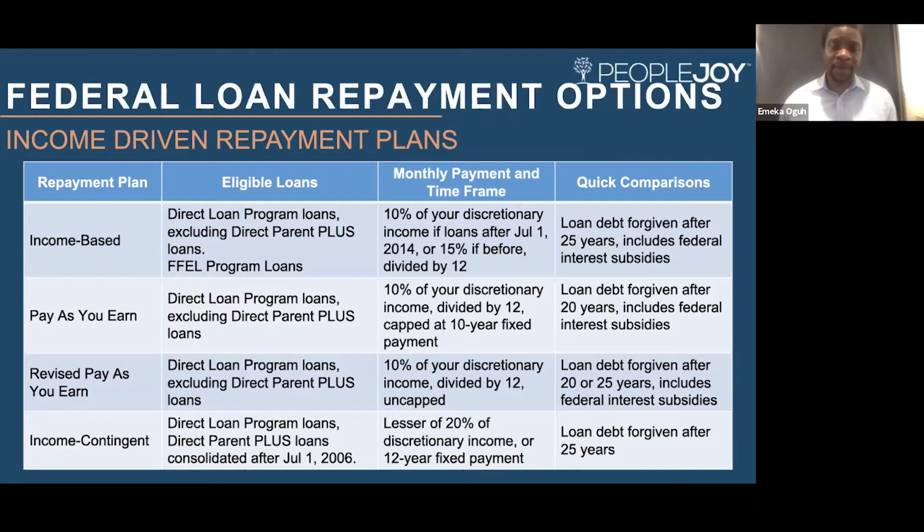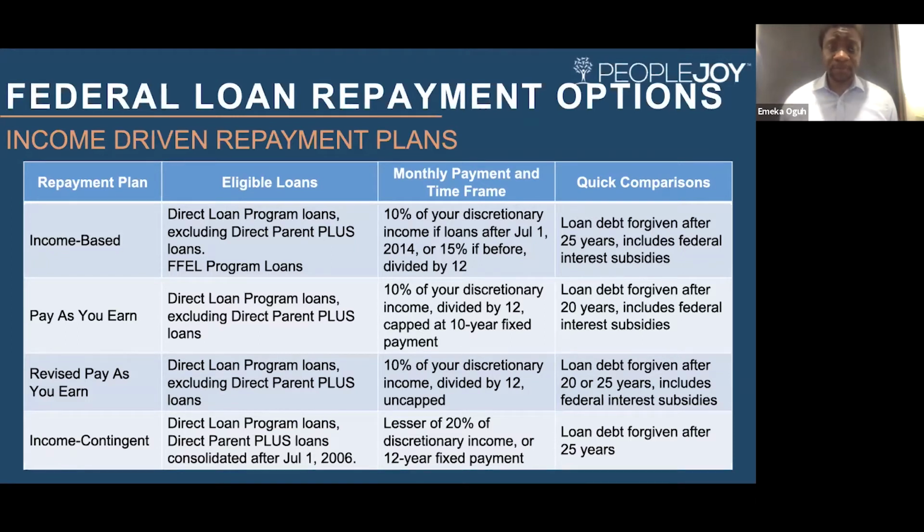And they have a tool that they use. There's a formula that determines if you qualify for these plans based on your income, based on marital status, based on dependents. It's a couple of things that go into the formula that will determine if you're eligible for these income-driven repayment plans.